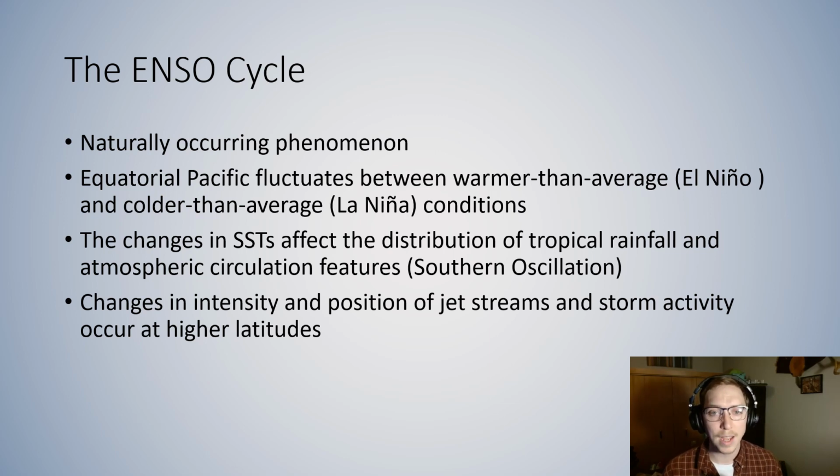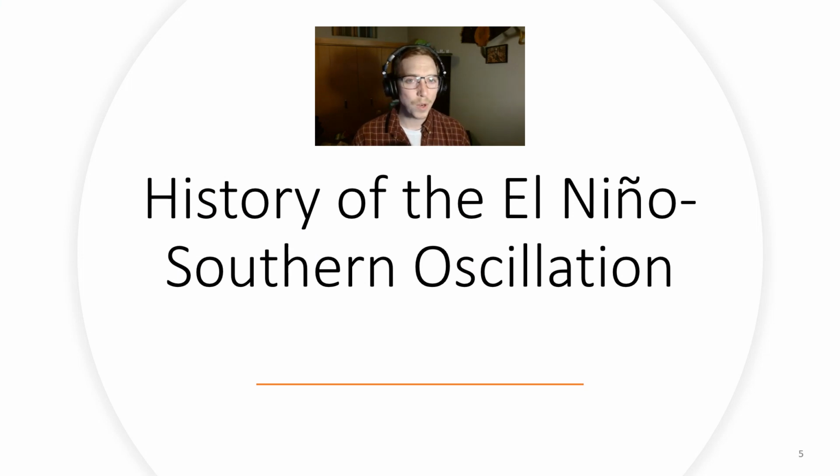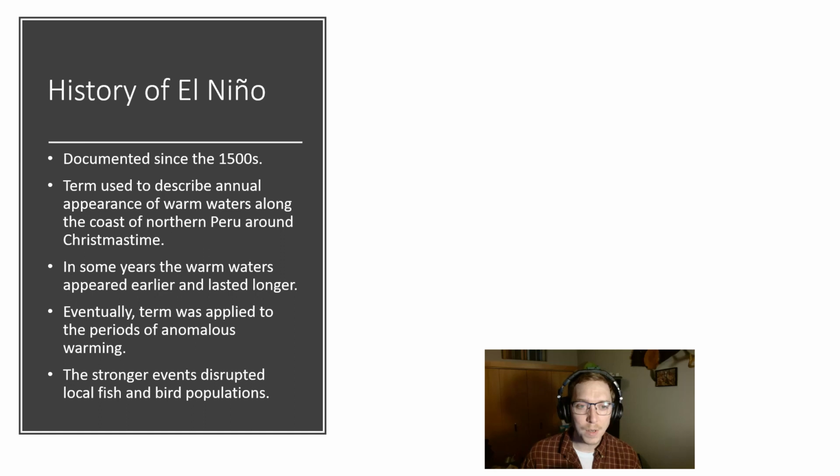So if we start diving into a brief history of El Niño-Southern Oscillation, we can see that it's been documented as far back as the 1500s as a phenomenon along the coasts of northern Peru and Ecuador. It was a term used to describe the annual appearance of these warmer waters around Christmas time. In some years, the warm waters appeared earlier and lasted longer.